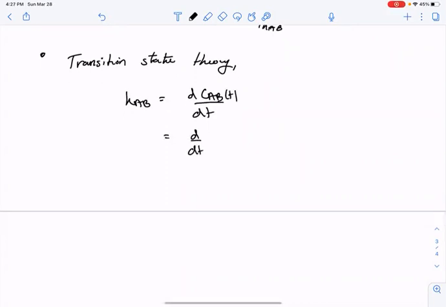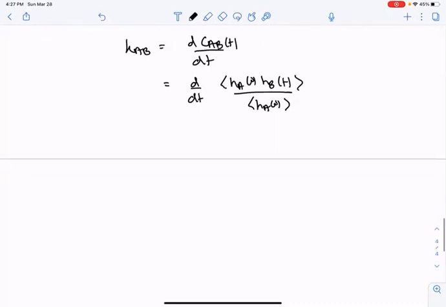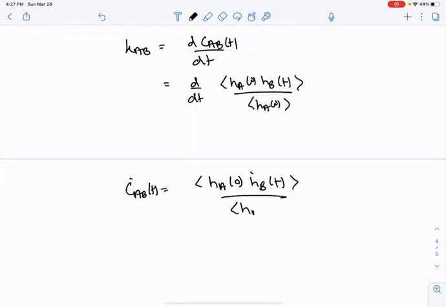Putting in what we mean by CAB, the time dependence naively is in B. So CAB dot could be written as HA of 0 HB dot at t over HA of 0.